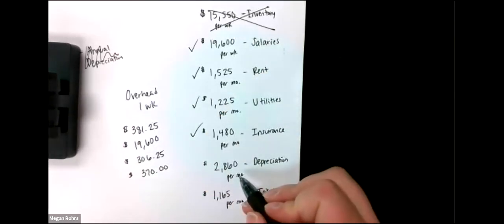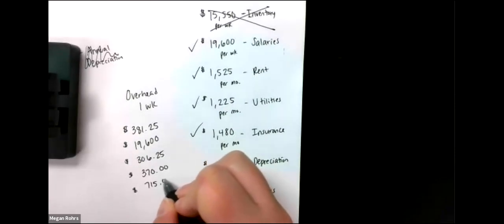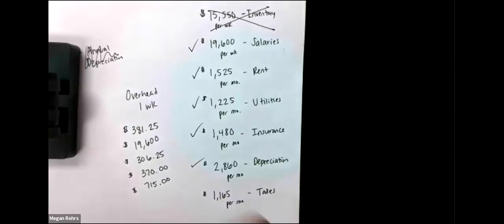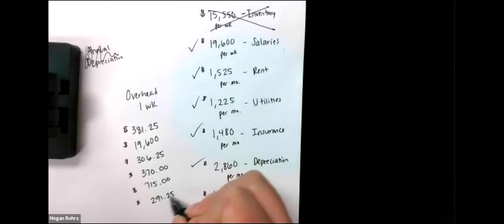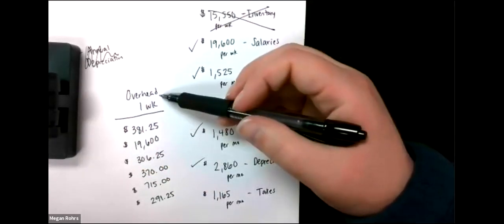And then depreciation, 2,860 divided by 4 gives me 715. And then lastly, taxes, 1,165 divided by 4 gives me $291.25.